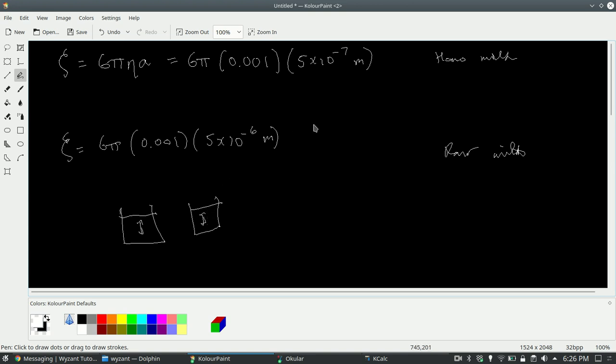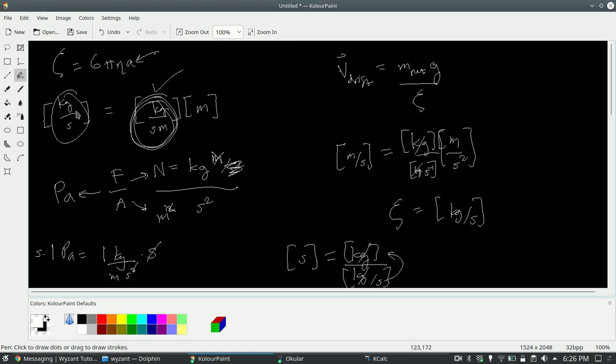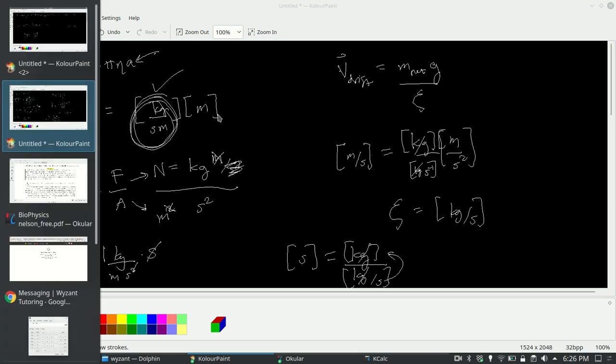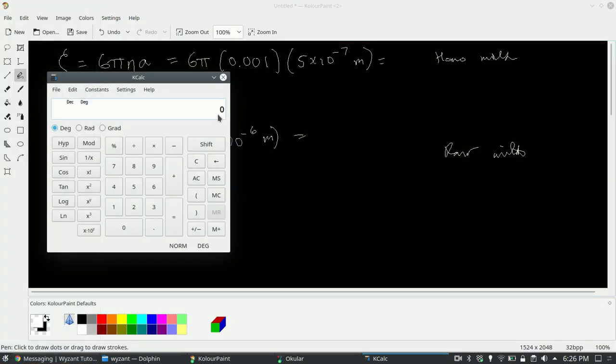All right, so you can get to a number here if you like, and the units for that number, of course, will be kilograms per second. So it will be some very small number of kilograms per second. Actually, I would like to see what that number is. 6 times that many kilograms per second.